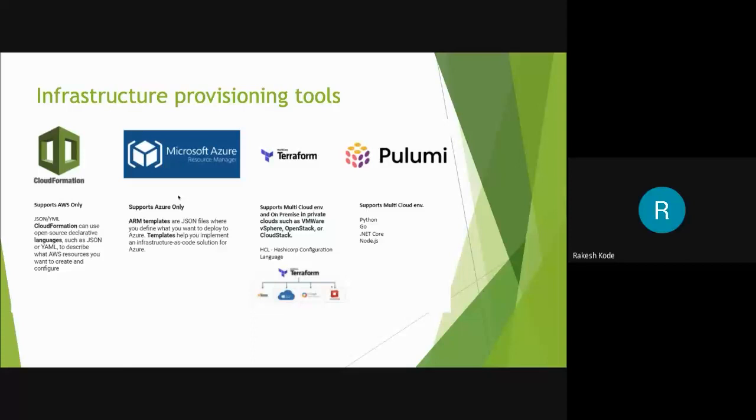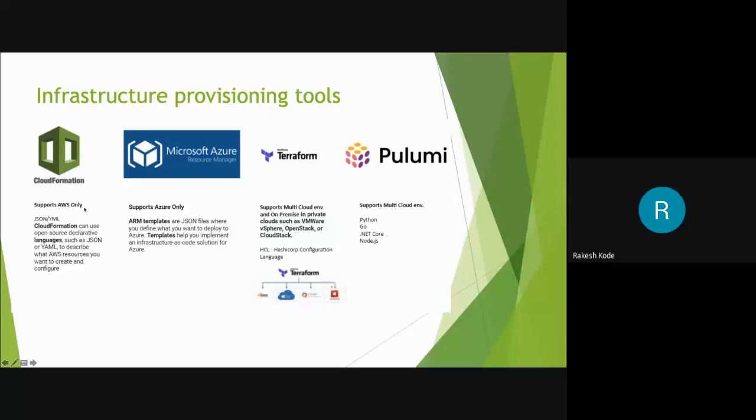The first one is CloudFormation. CloudFormation is AWS specific. So basically, AWS has their own tool which they use to create infrastructure on AWS. The good thing is that it works with AWS, but the problem is it won't work with any other infrastructure deployments.